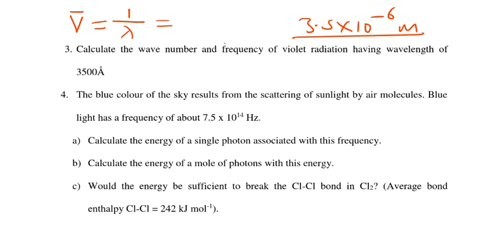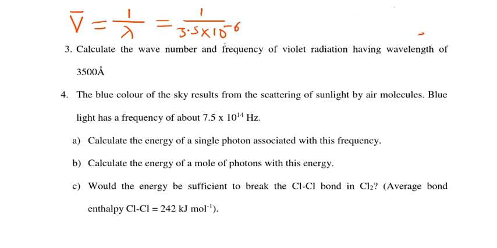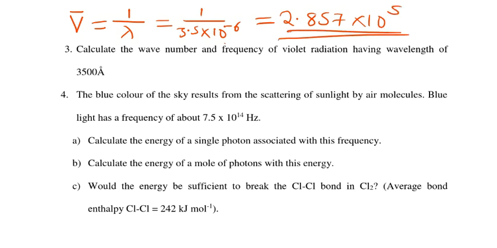Divide 1 by that value to get the wave number. How many waves do we have? We have 2.857 times 10 to the power 5. So that is our wave number.